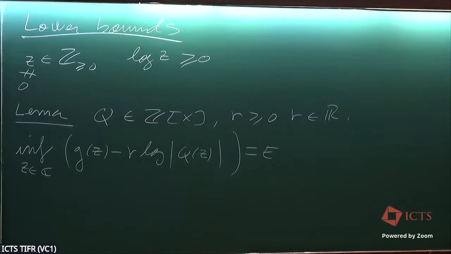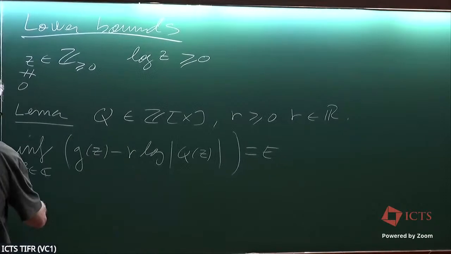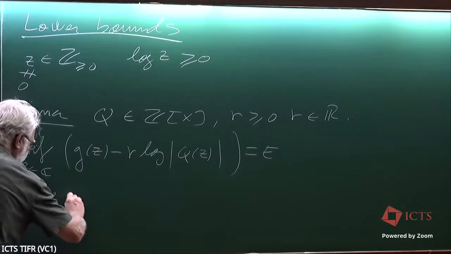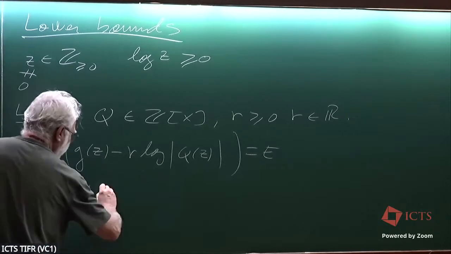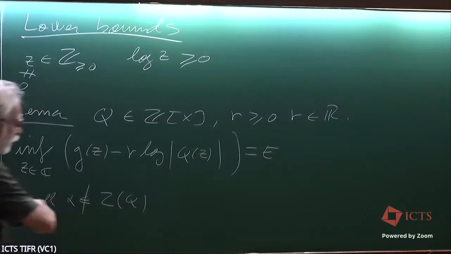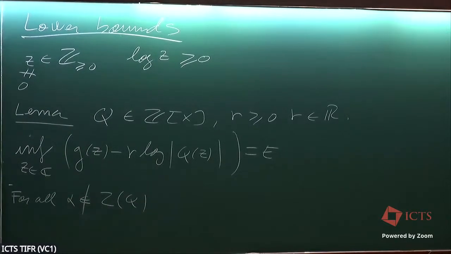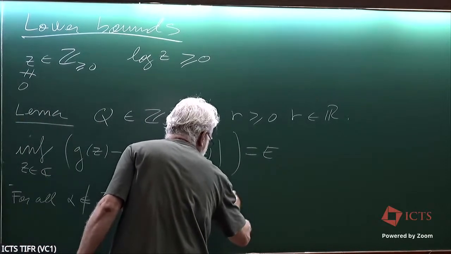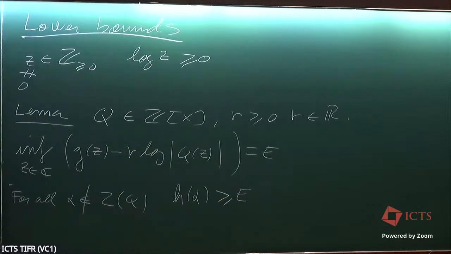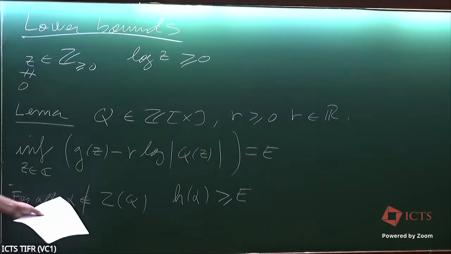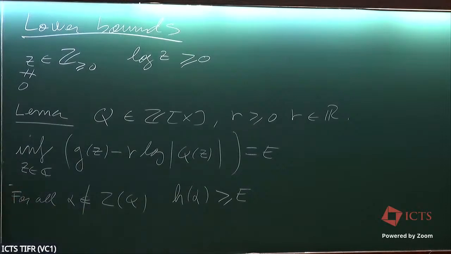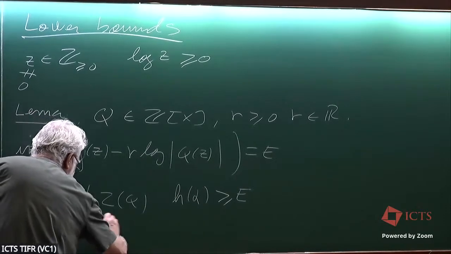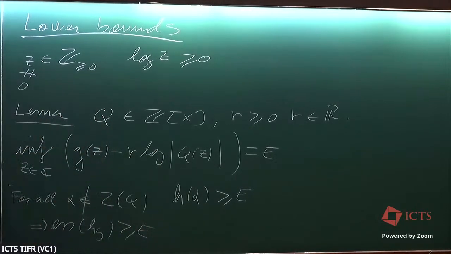Now this infimum can be minus infinity, but what is true is that for all alpha that are not in the zeros of Q, so for every alpha that is not a root of the auxiliary polynomial Q, the height of alpha is always bigger or equal than this quantity E. And in particular, since I am only taking out a finite number of possible elements, the essential minimum of h_g has to be bigger or equal than this quantity E. Okay?